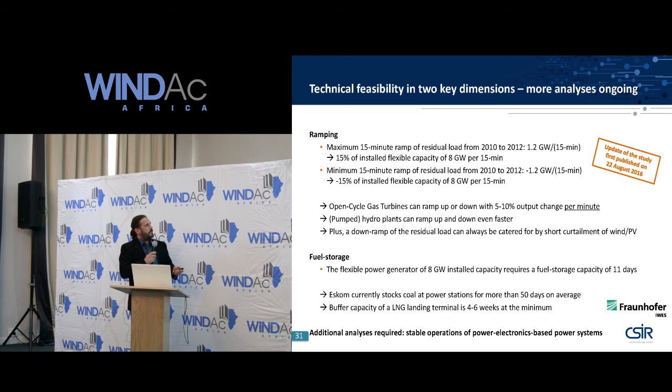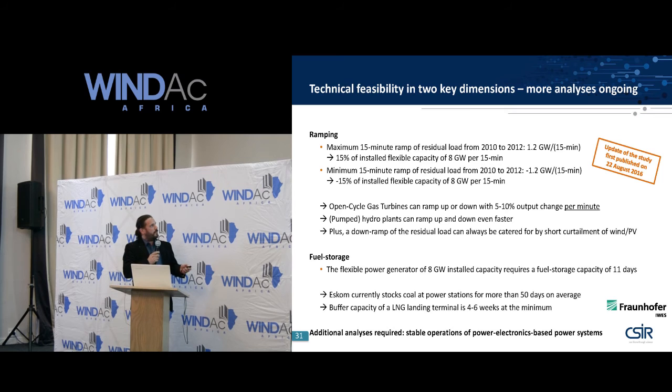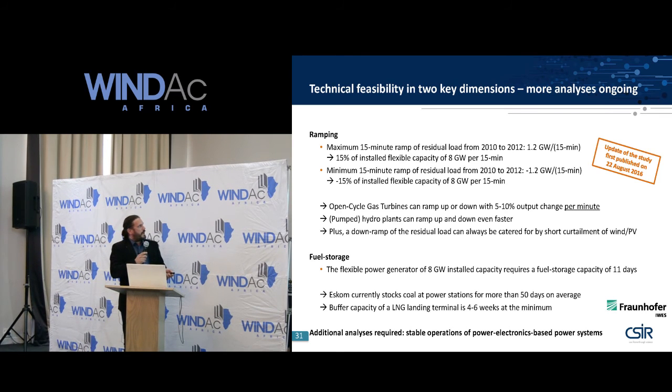We found the maximum ramp rate over these 4 years of generation was about 1.2 gigawatt. Compare this with the capabilities of the open cycle gas turbine, for example, or pump hydro or other fast technology.